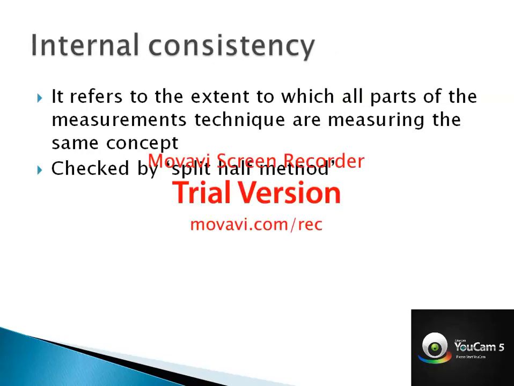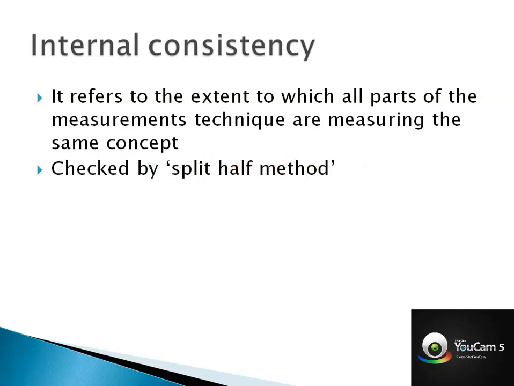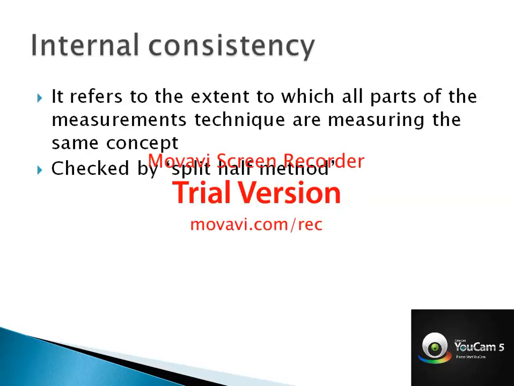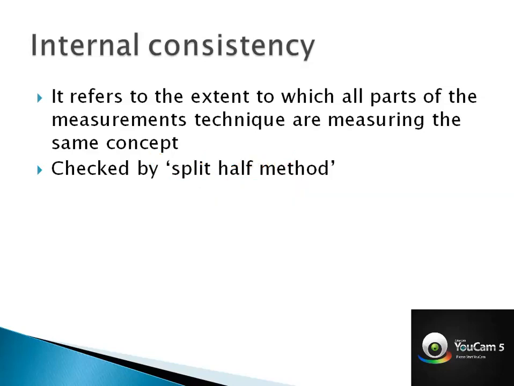So for example, if you are taking a questionnaire, every aspect of the question, so every single question should give reliable answers. So it refers to the extent to which all parts of the measurement technique are measuring the same concept. For example, the first two questions are exactly related to the concept, but the other two questions are not related to the concept. So you want to confirm that every aspect of the questionnaire or your tool brings out the concept you expected to study.